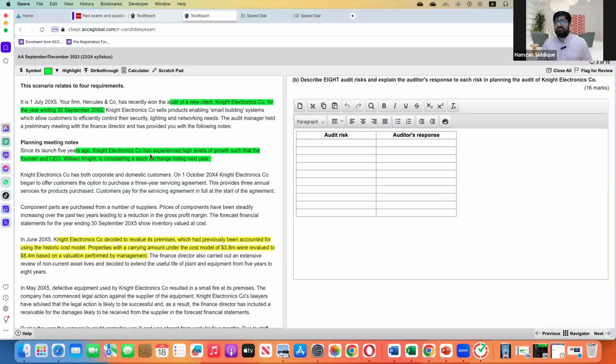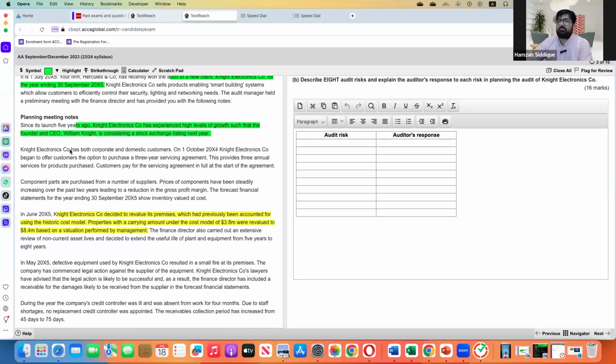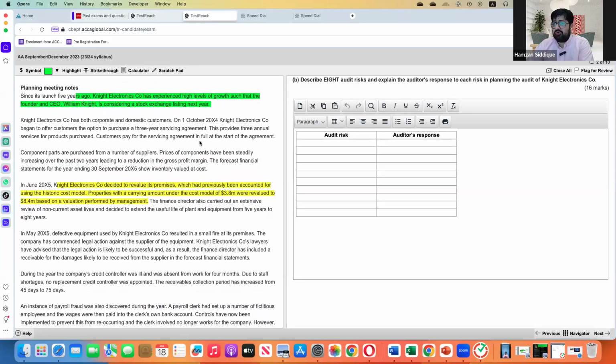High risk, overall risk. Now, Night Electronics has both corporate and domestic customers. On 1st October 20x4, Night Electronics began to offer customers the option to purchase a 3-year servicing agreement. This provides annual service for the product purchased. Customers pay for the servicing agreement in full at the start of the agreement.